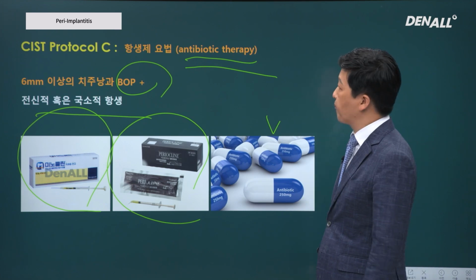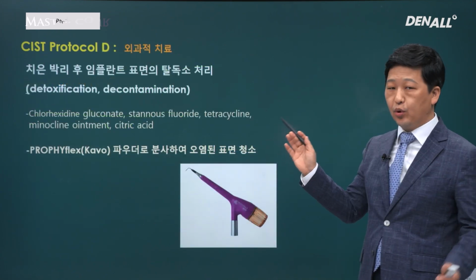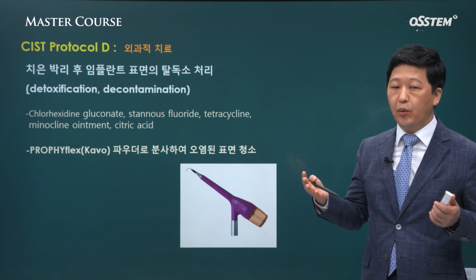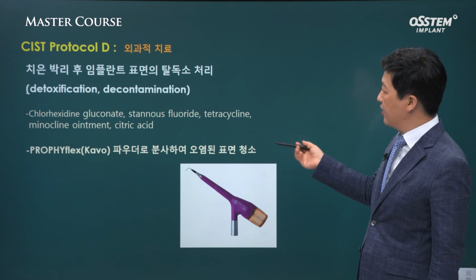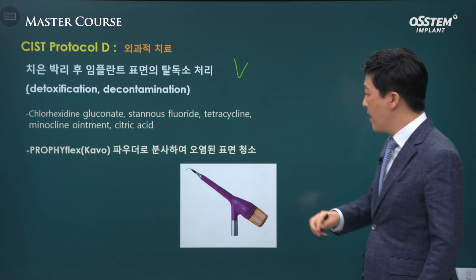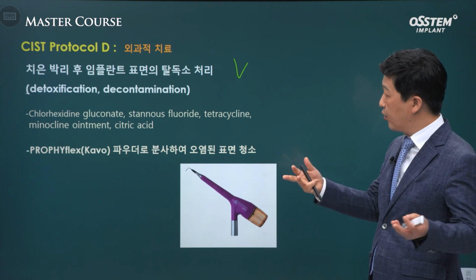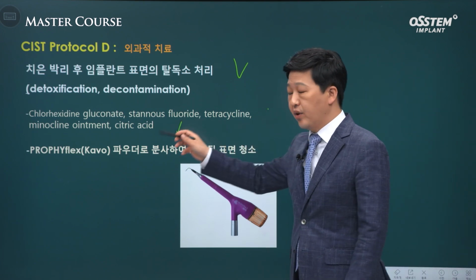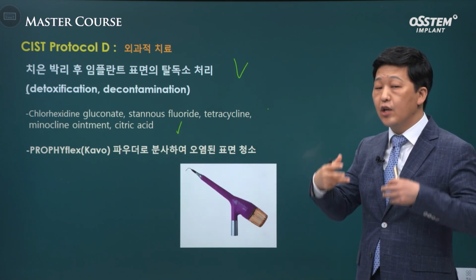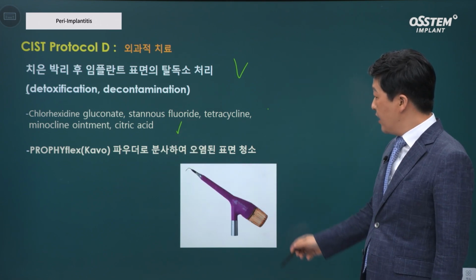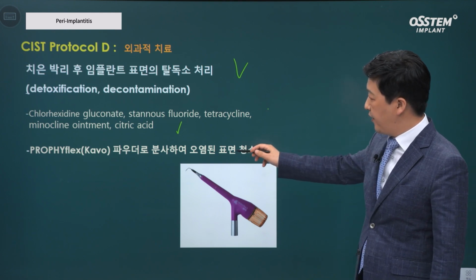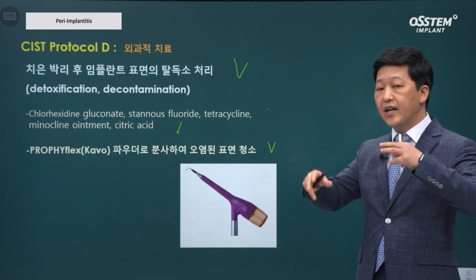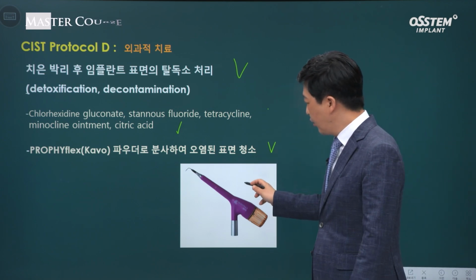Last is Protocol D. It involves surgical intervention after ablation. The implant surface is decontaminated or detoxified. A flap is reflected and the implant surface is exposed. Chlorhexidine, citric acid, tetracycline, and minocycline ointment are used to sterilize the implant surface. Profiflex can be used. Powder can be applied to clean the corrupted surface, but you need to be careful with this.